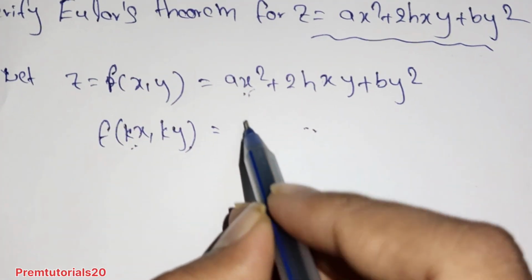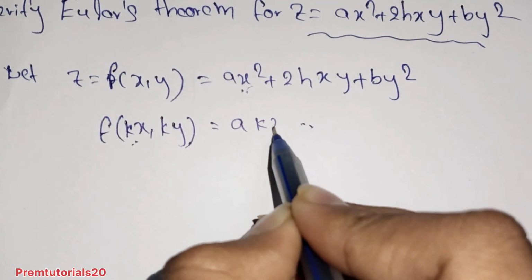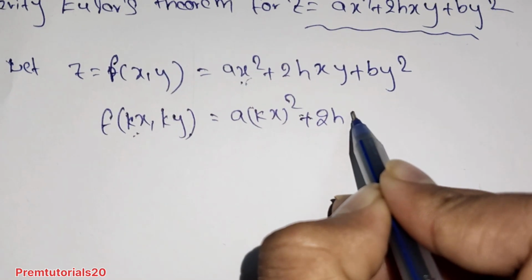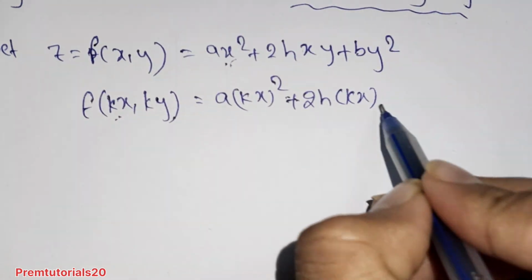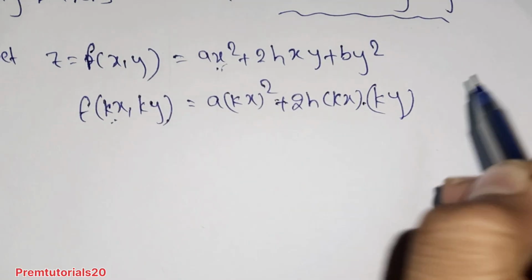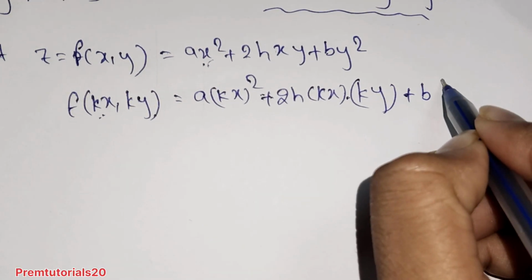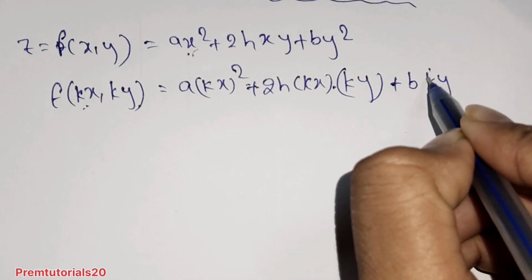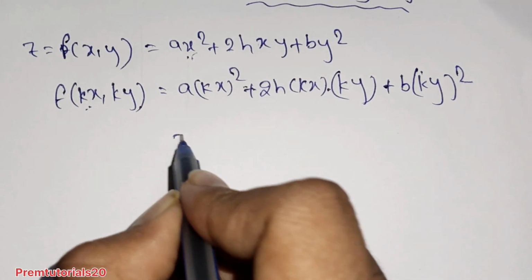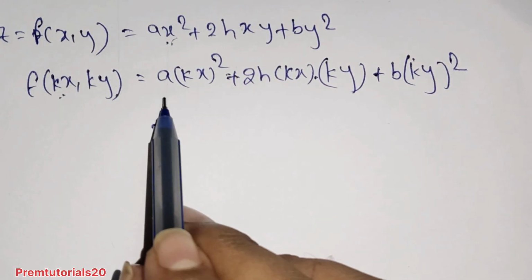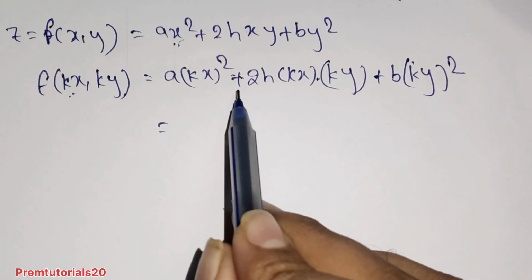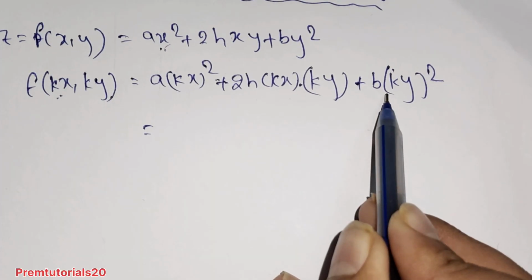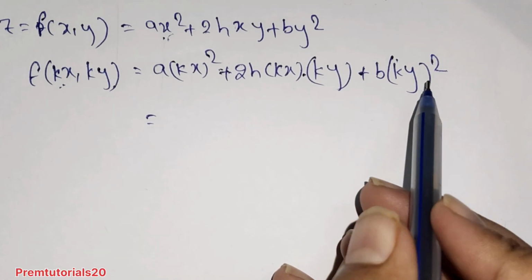It becomes a(kx)² + 2h(kx)(ky) + b(ky)².